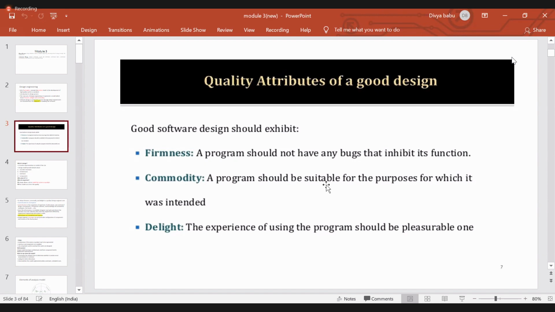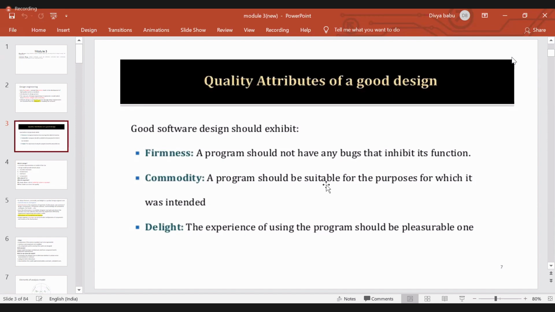Commodity means a program should be suitable for the purpose for which it was intended. For example, you develop a calculator program. What is the intention of the calculator program? You need to do the calculations, whether it's addition, multiplication, divisions, and other square root type calculations.